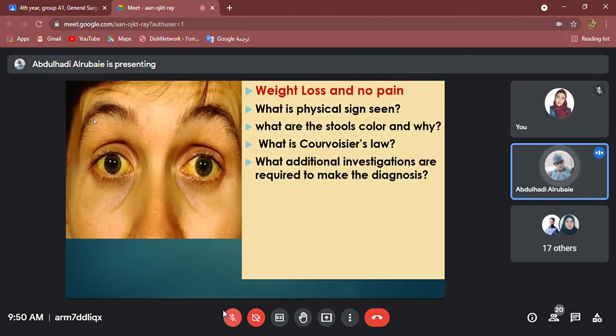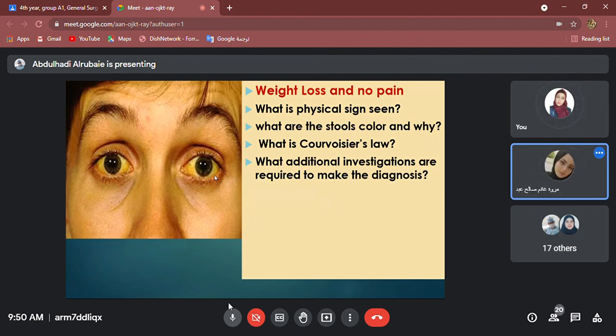This patient has weight loss. There is no pain. What is the physical sign seen here? Jaundice. Very good, jaundice. What do you expect the stool color will be and why?